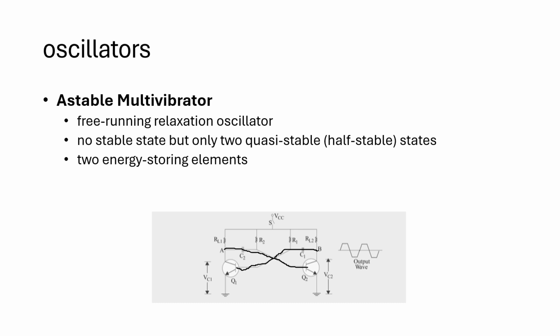So let us say that our Q1 starts conducting. When our Q1 starts conducting, that means our Q1 is forward biased. So Q1 falls into saturation while our Q2 is in cut off. So what happens during saturation? The whole VCC here drops across your RL1.